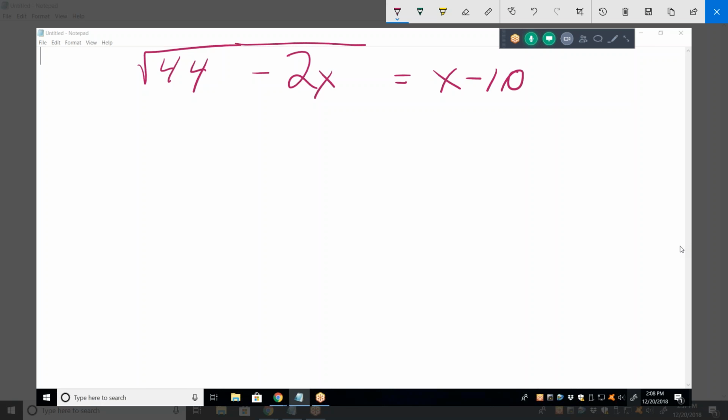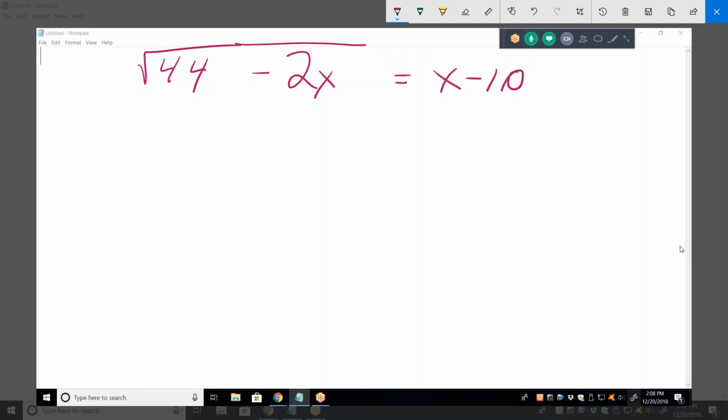Once you get it isolated, then you can square both sides and go from there. Well, again, it's isolated. If I had a plus 21 added to it, I'd want to get rid of that 21 before I square both sides. Because when you square both sides, you really have to square both sides. You can't just square the parts you want to square.